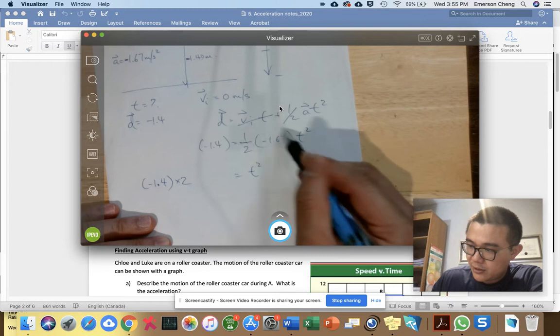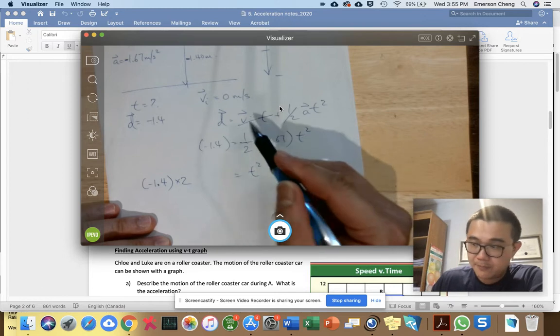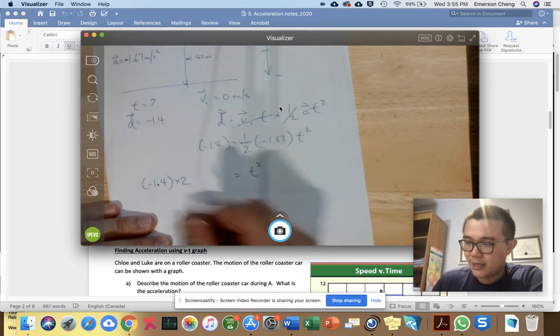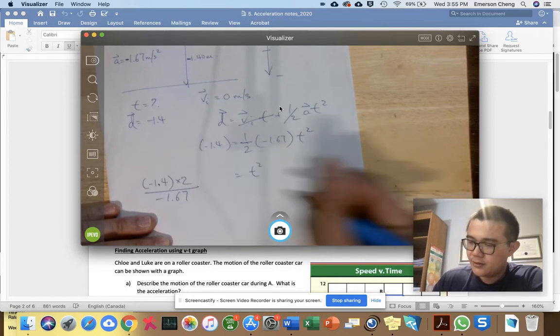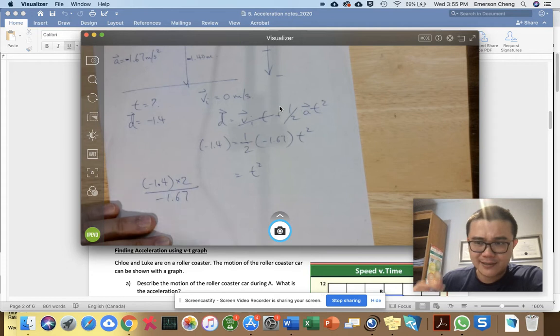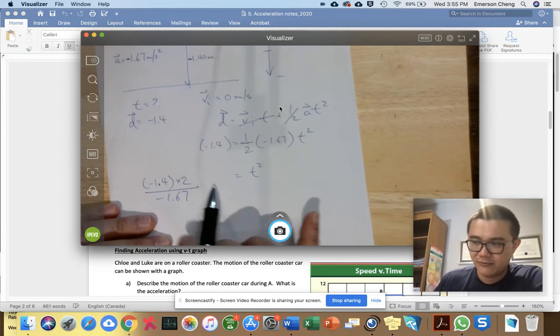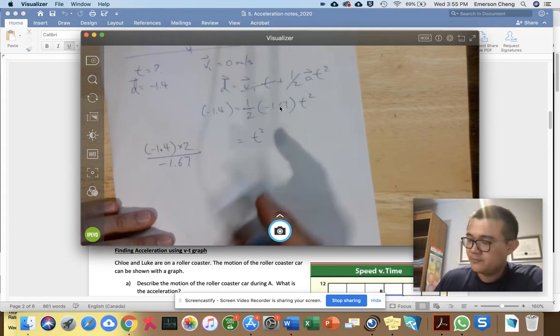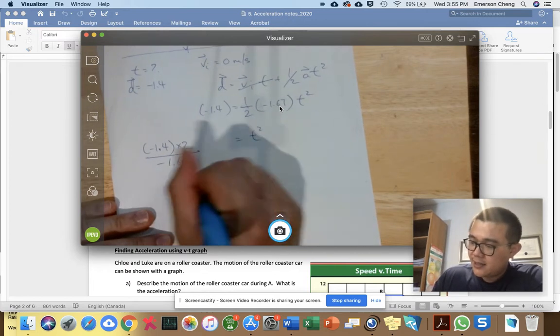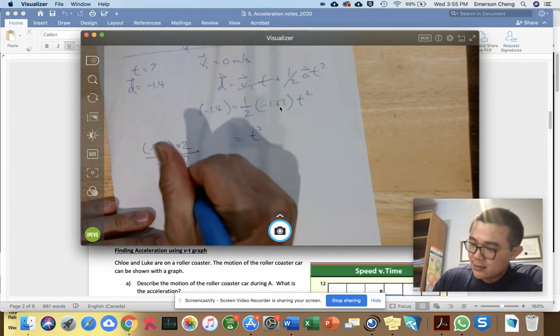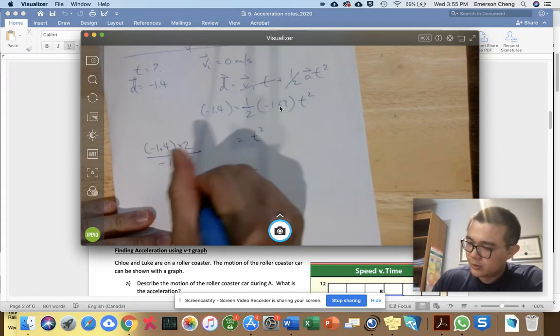And to get rid of this, I have to divide both sides by minus 1.67. Sorry with all the space. I somehow anticipated writing here, but I ended up not. And to find just t, I'll have to square root the whole thing.